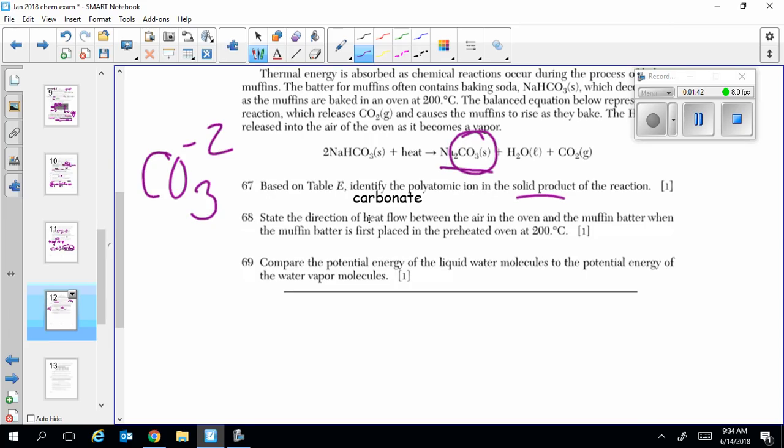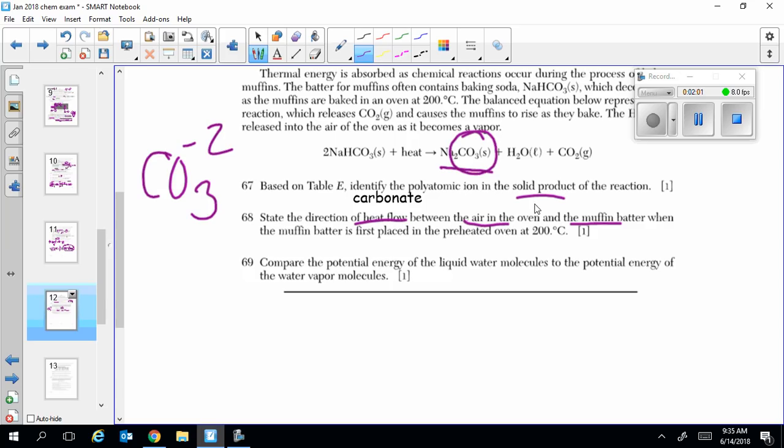State the direction of heat flow. So heat always goes from where it's hotter to where it's cooler. So I need to do it between the air in the oven and the muffin batter. So the air in the oven is obviously much hotter than the muffin.